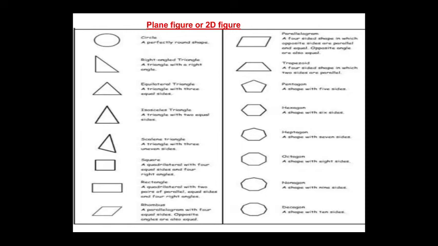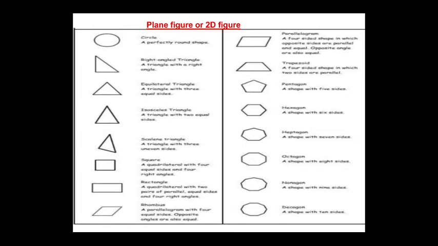Pentagon. What do you mean by pentagon? A shape with five sides. You know that triangle means three sides, quadrilateral means four sides, pentagon means five sides. Hexagon means it has six sides. A shape with six sides is called a hexagon. Pentagon, triangle, quadrilateral, hexagon, heptagon, octagon, nonagon, decagon: these are all called polygons. A polygon is a closed figure having three or more sides.